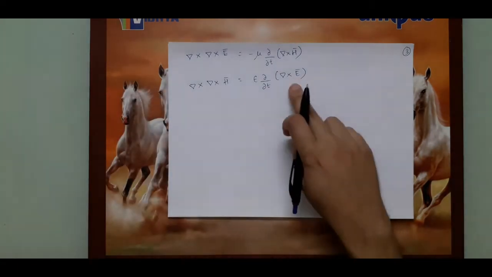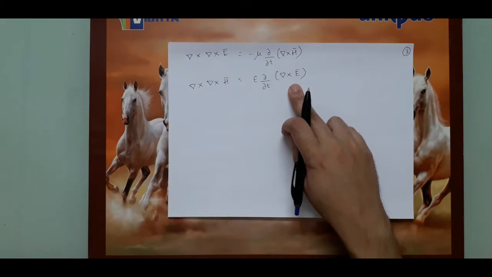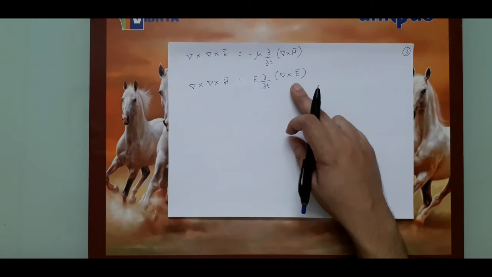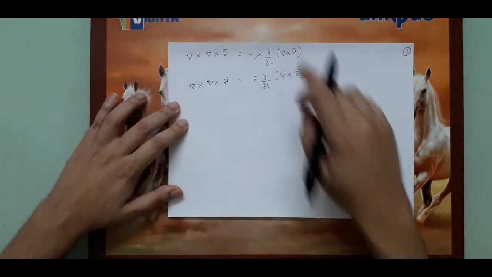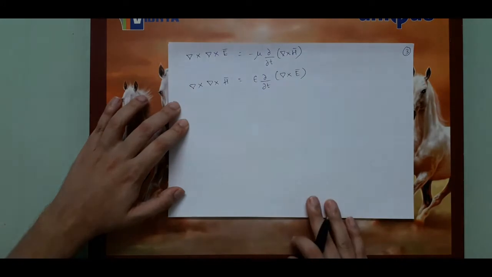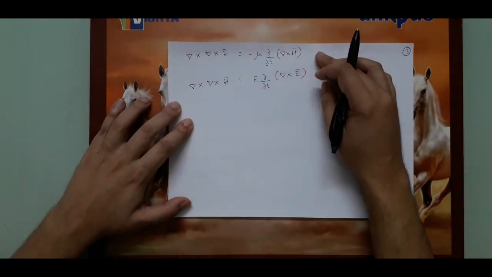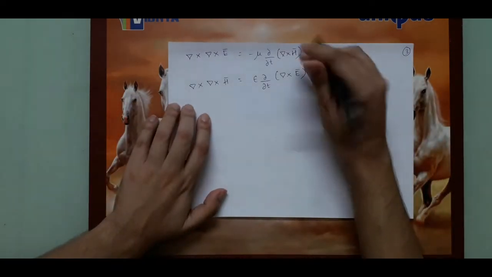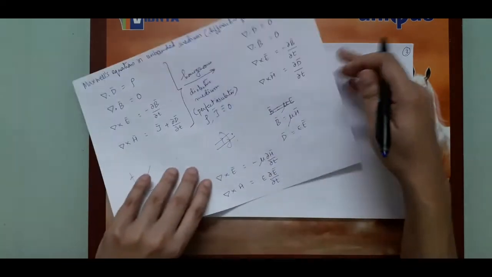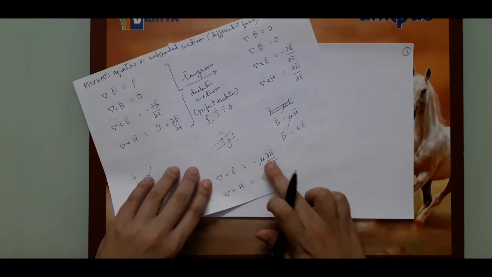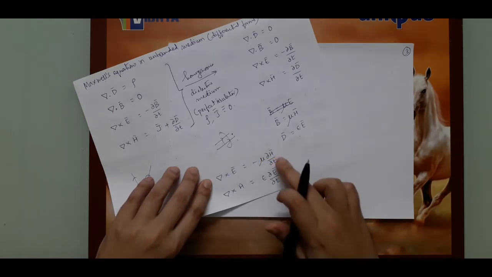so we now know what this is. We know the right hand sides thanks to Ampere's law and Faraday's law. So we know that curl of H now is nothing but epsilon times the time differential of the electric field, and curl of E is nothing but related to the time differential of the magnetic field.